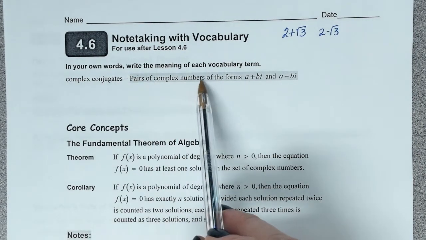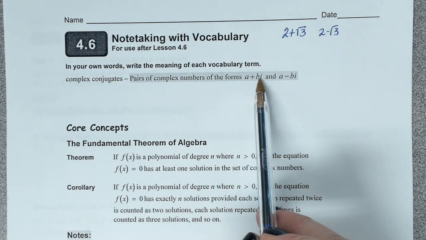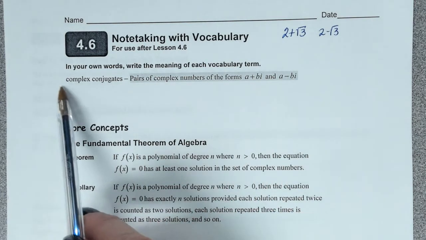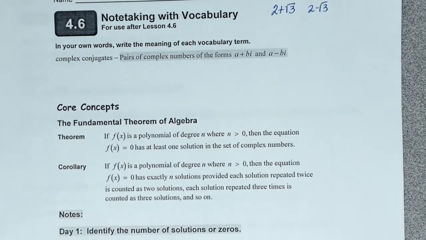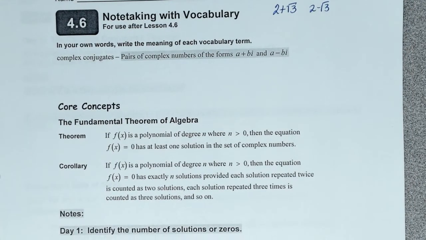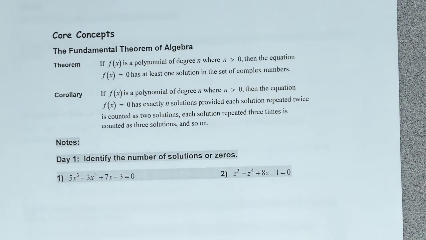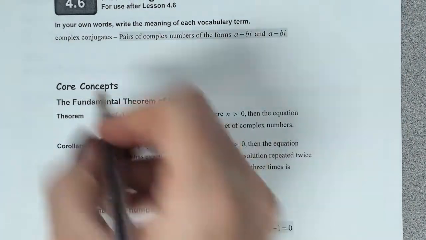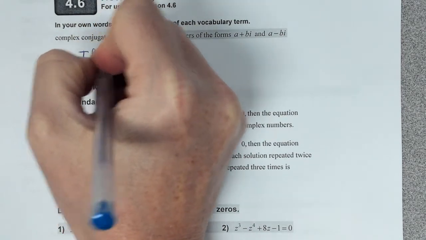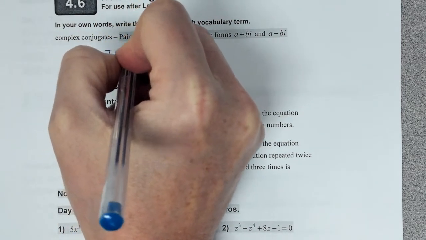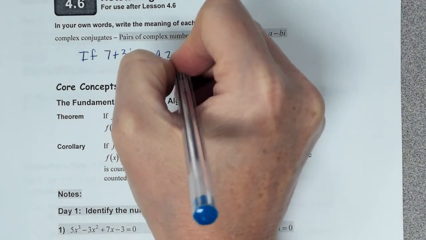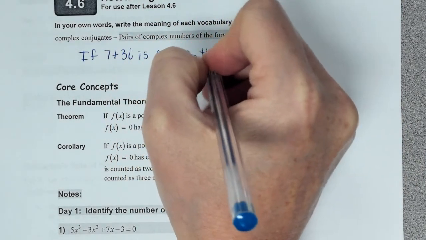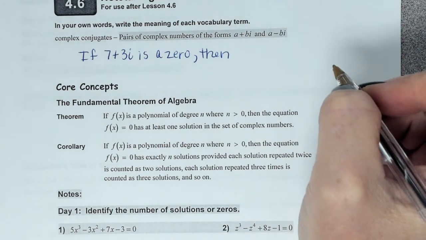Pairs of complex numbers of the form a plus bi and a minus bi are called complex conjugates. They're always going to occur in pairs. And so we know that if 7 plus 3i is a 0, then what else would be a 0?